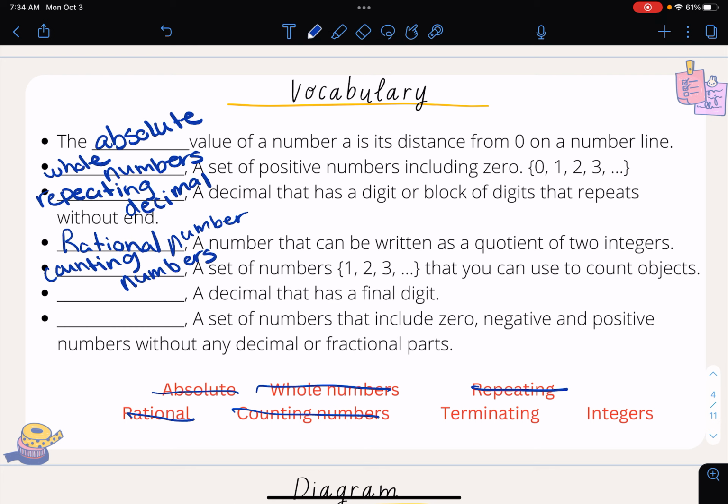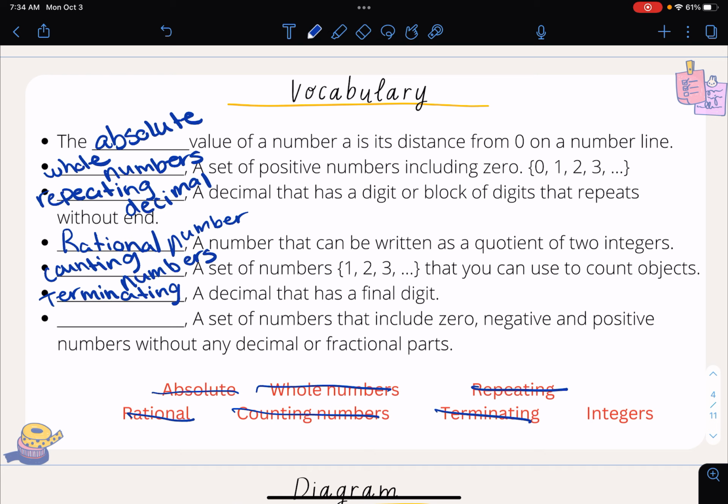So we have 2 for our last 2 definitions. And it says blank, a decimal that has a final digit. So if it's final, that means it ends. Which of those 2 words would it be, terminating or integers? Terminating is correct. Okay, so it would be a terminating decimal. And then last but not least is a set of numbers that include 0, negative, and positive numbers without any decimal or fraction parts.